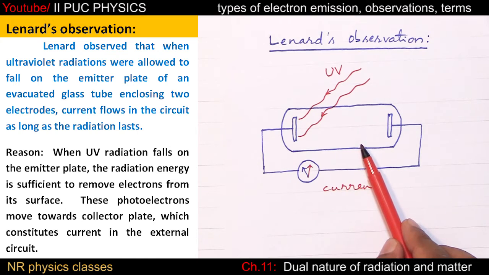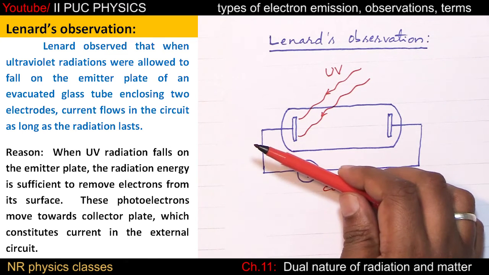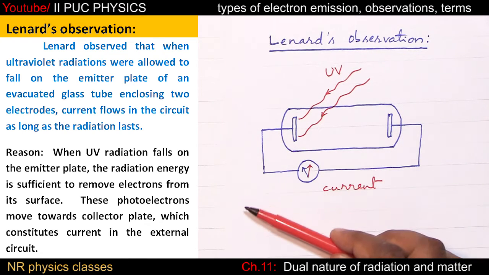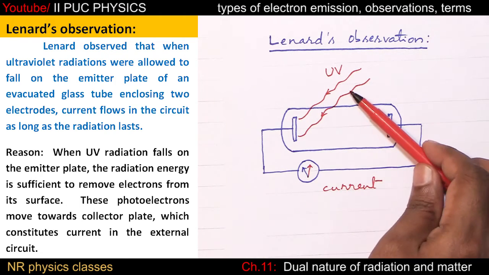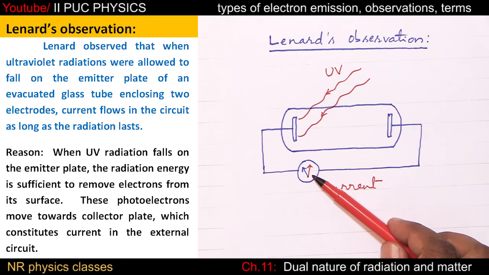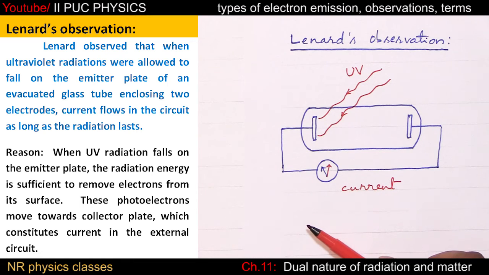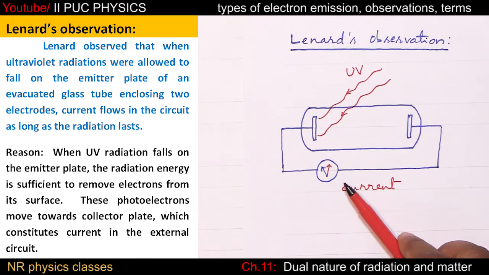Even the diagram is not necessary. Lenard observed that when ultraviolet radiations were allowed to fall on the emitter plate of an evacuated glass tube enclosing two electrodes, current flows in the circuit as long as radiation lasts. Means as long as there is radiation, there is deflection. And what is the reason for this observation?